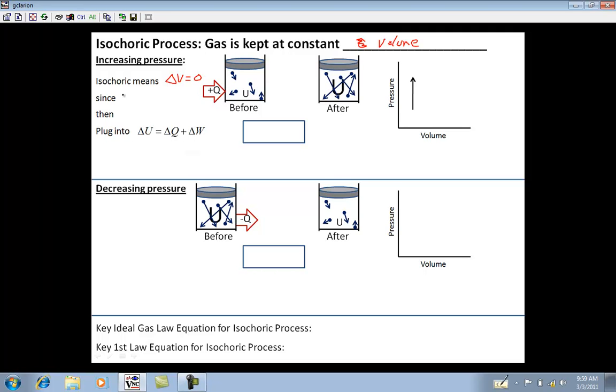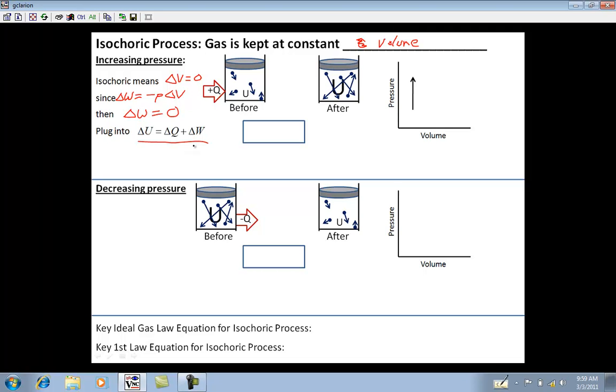And since delta W is equal to negative P delta V, that means delta W is 0. The change in work is zero, so no work is being done. So does that give us a break in the first law? Yes, it sure does.